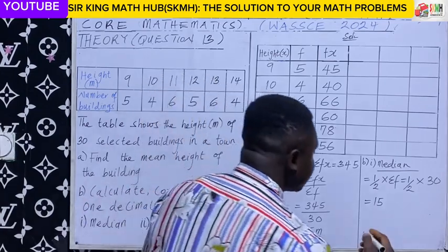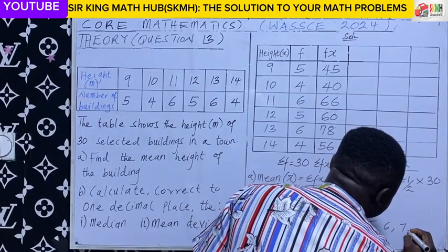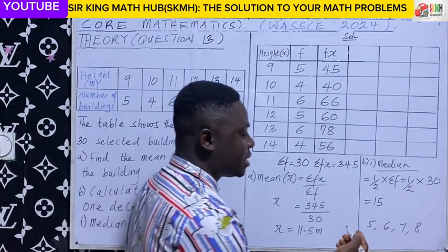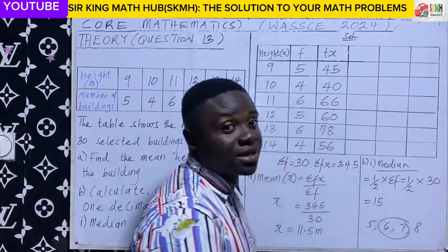For example, if I ask you to find the median of 5, 6, 7, and then 8, because 4 is an even number, we have two numbers at the middle.